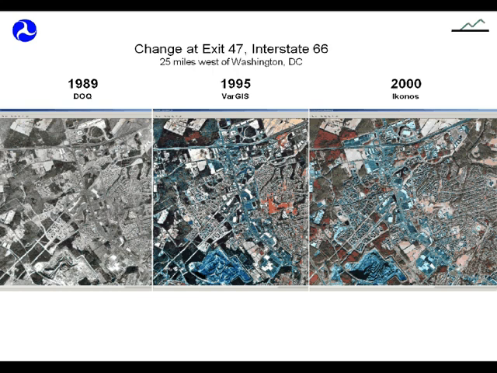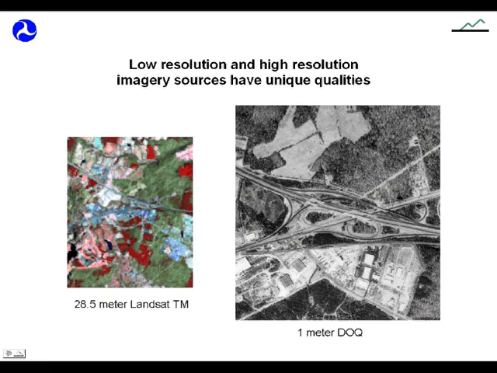High-resolution imagery of the area shows the parcel as undeveloped using 1989 imagery. High-resolution imagery acquired in 1995 and the year 2000 shows the parcel was converted to a regional retail shopping complex. Thus, low-resolution imagery has been shown to be a useful tool to identify the locations of change areas, though high-resolution imagery is often required to identify the nature of the change.